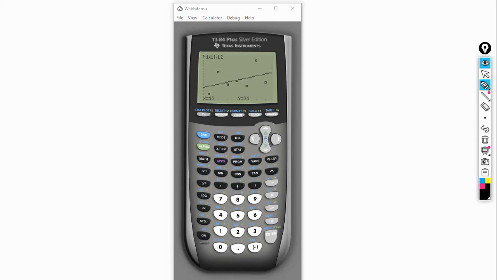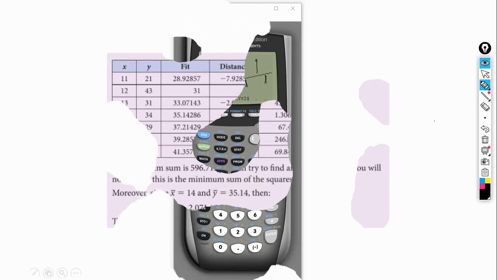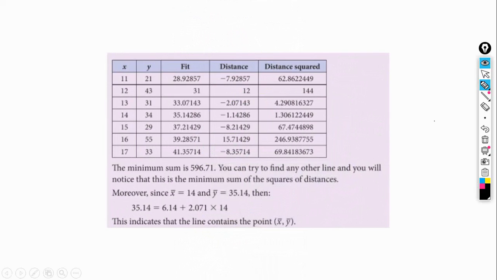So the distance between this point from the scatter plot and the line, as well as all the other ones, right? All of these distances. So let's go back to the presentation. So the line that we graphed was y hat is equal to 6.14 plus 2.071x, right?